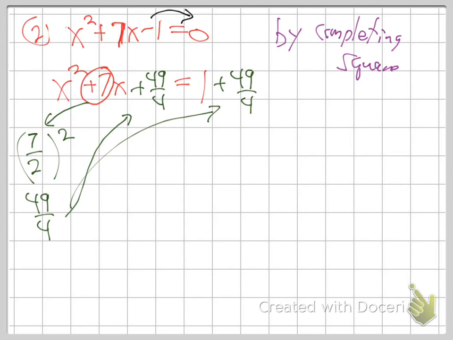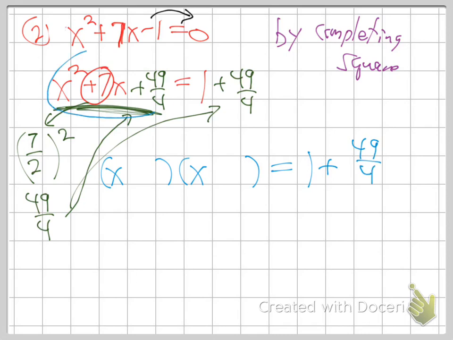Now, why are we doing that? Because the left side, those 3 terms on the left now, will factor. 2 parentheses, guaranteed. That's what that special number does for them.